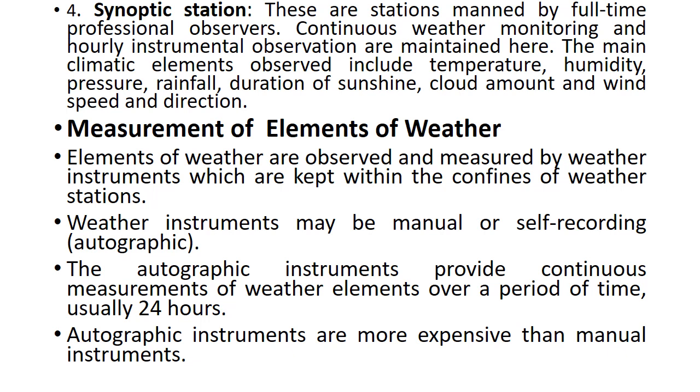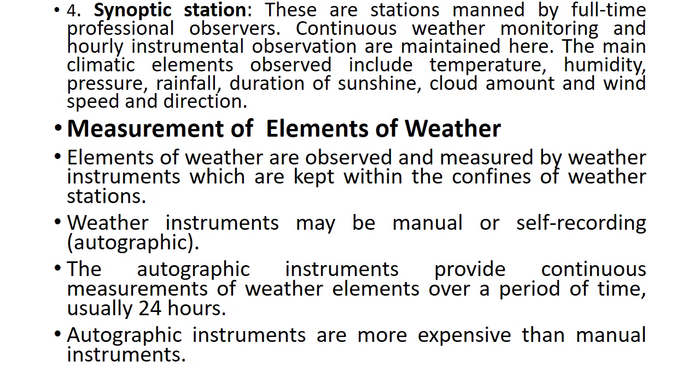Here, even soil temperature is also measured. Other elements also measured here once daily include rainfall, wind speed and wind direction, evaporation, sunshine duration and radiation. They are manned by part-time observers.